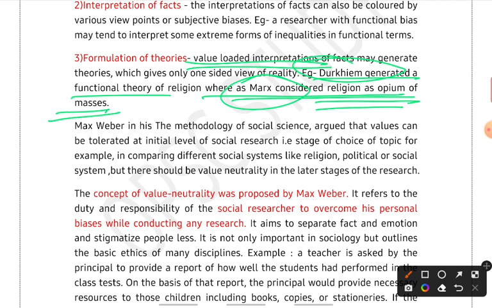So theories may be built based on their understanding. Marx was conflict-oriented and tried to build conflict theory. Durkheim was more of a functionalist in nature, so he tried to find a function in religion.